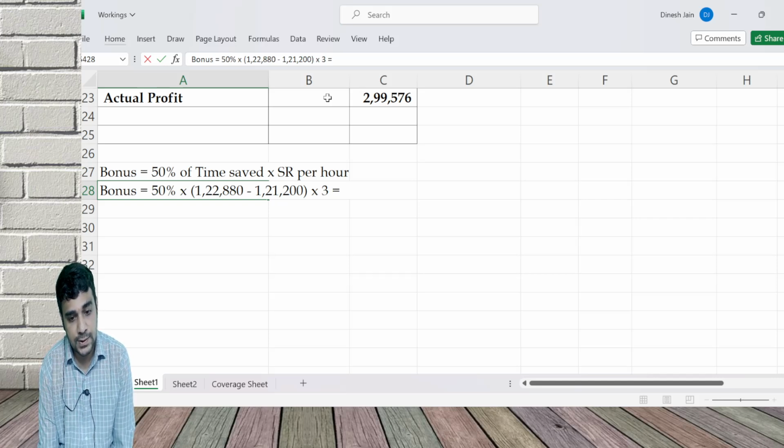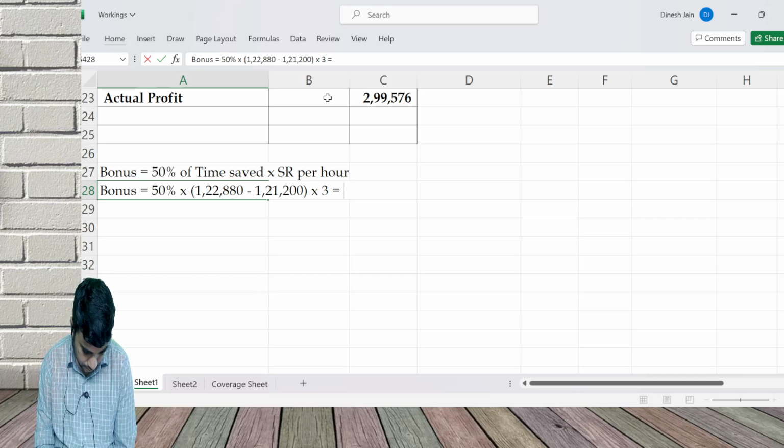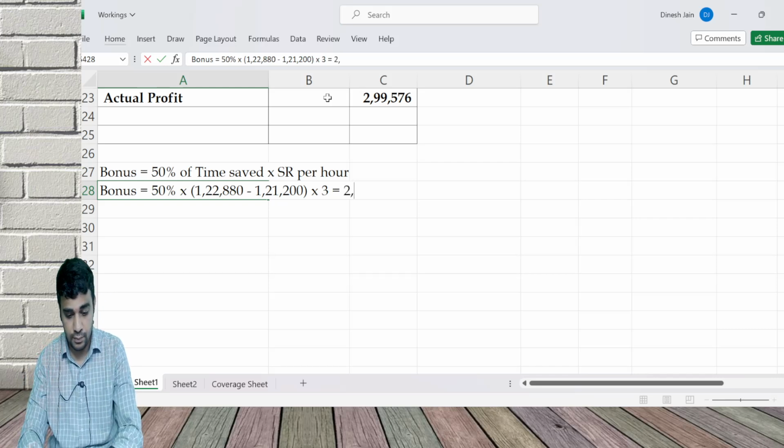How much is the bonus? Two thousand. Favorable.